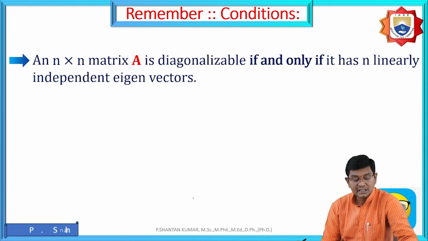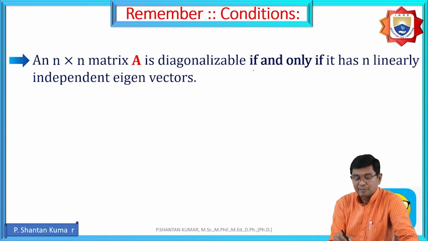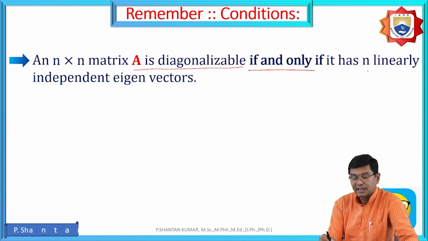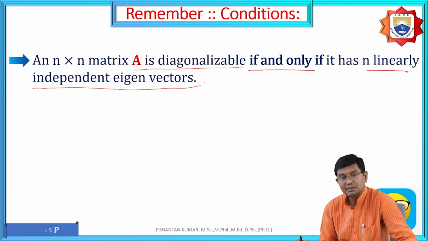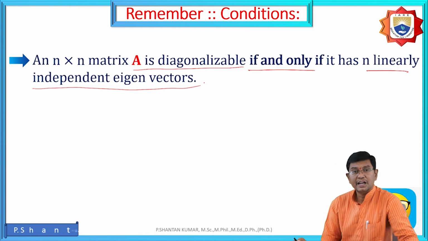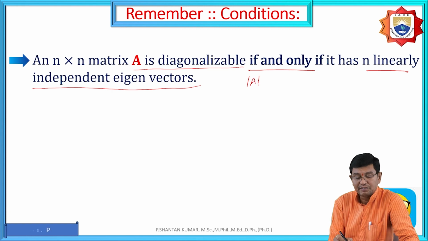An n by n matrix A is diagonalizable if and only if it has n linearly independent eigenvectors. What is the meaning of this? Linearly independent means, as per the definition, the determinant is not equal to 0.